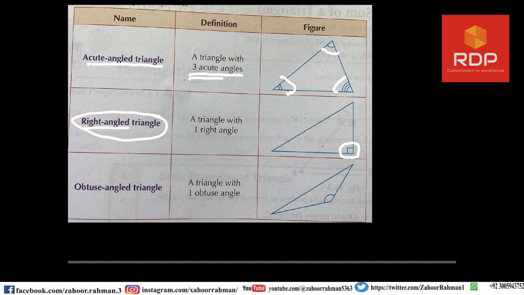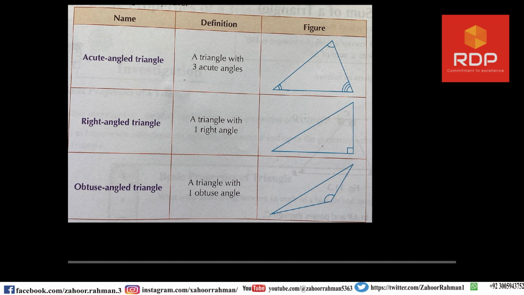Many learners confuse themselves with the concept that right angle means that it is on the right side of this triangle, so that is why it is called right angle triangle, which is not the correct concept.